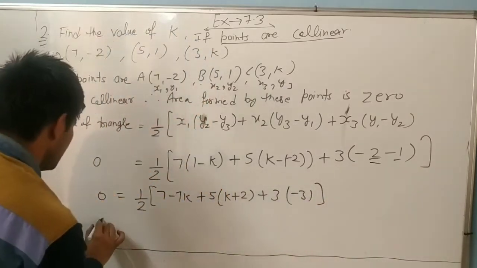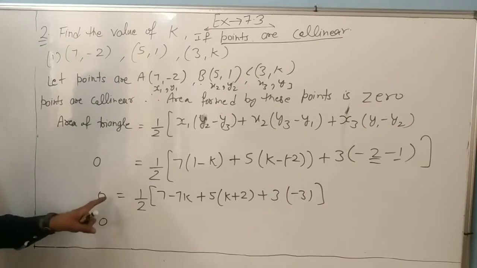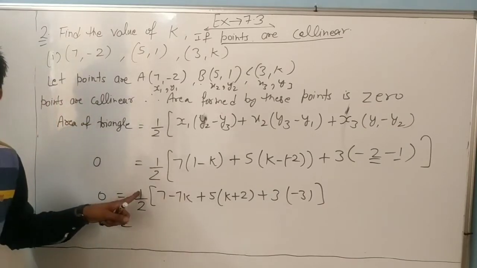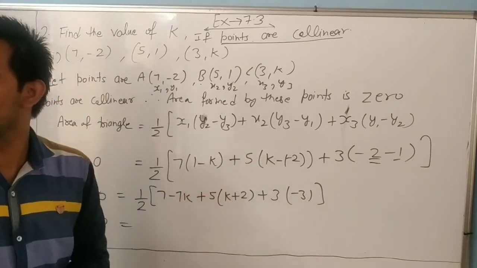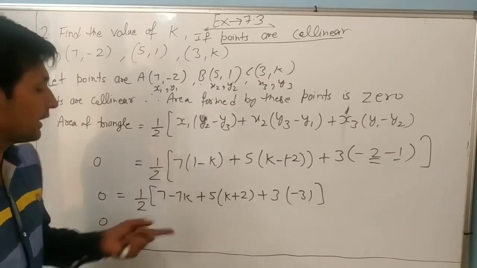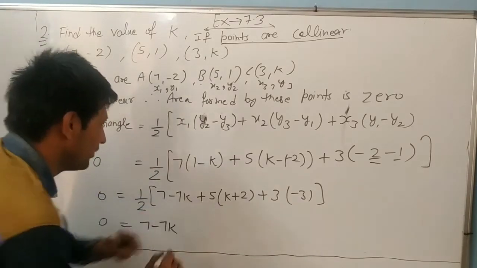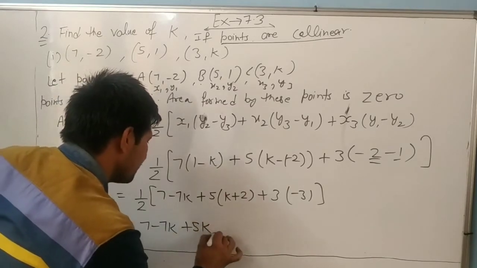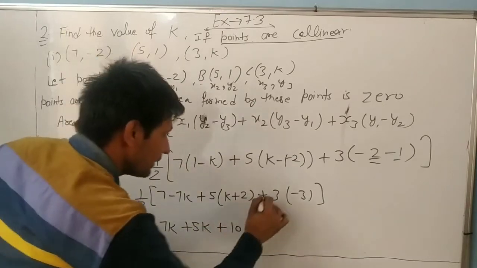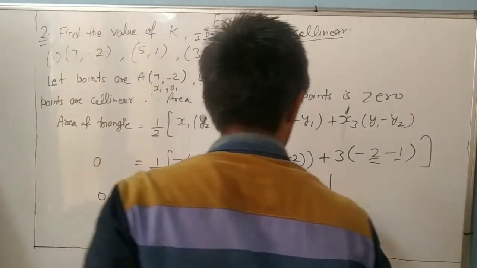Okay, again 0. The 2 here is divided, on the other side it becomes multiplied: 0 into 2 is 0. So what remains here is 1, and 1 multiplied by any number gives the same number. So 7 - 7k, 5 into k is 5k, plus 5 into 2 is 10, and 3 into -3 is -9. So you will find the value of k here.